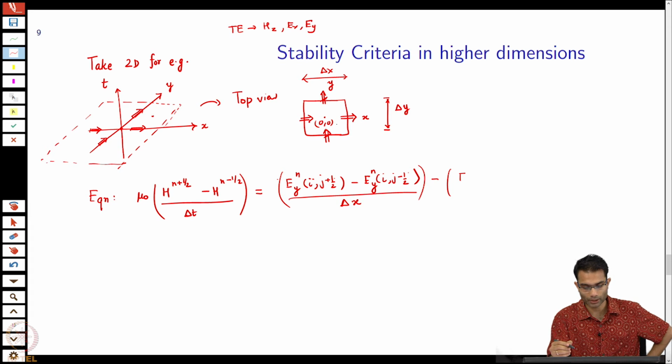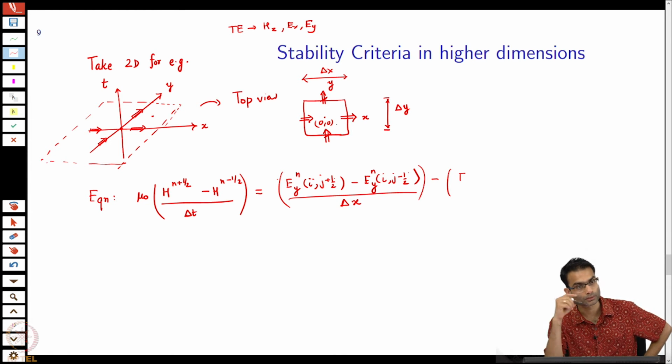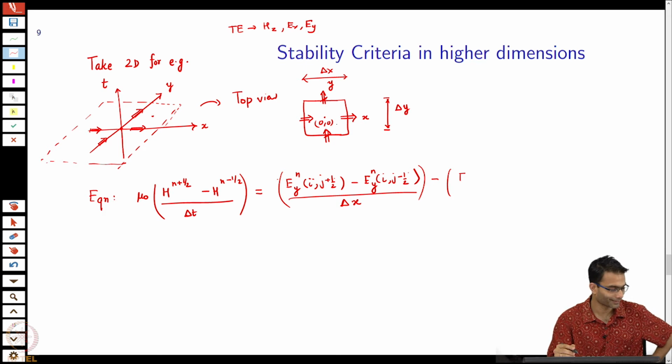So the i location is the same. I minus 1. Then this becomes delta y. This is right?